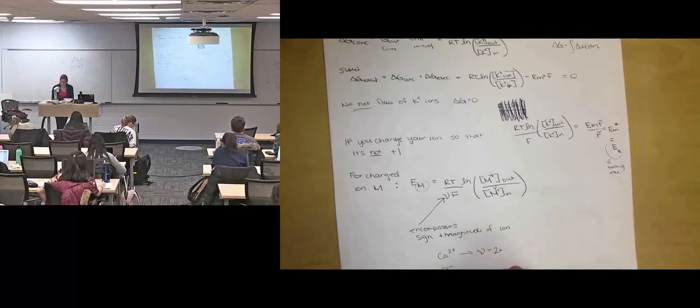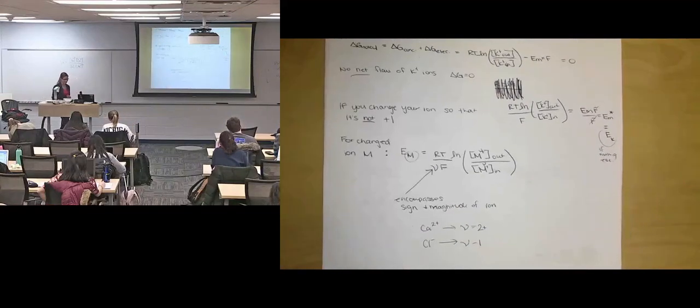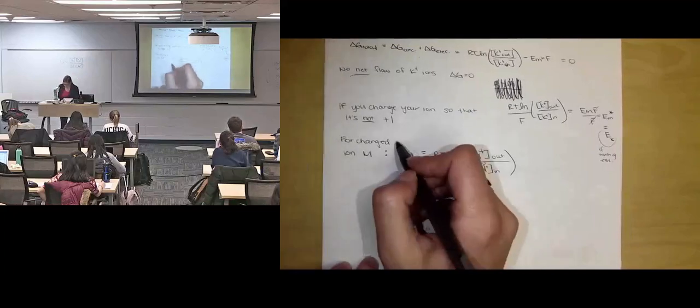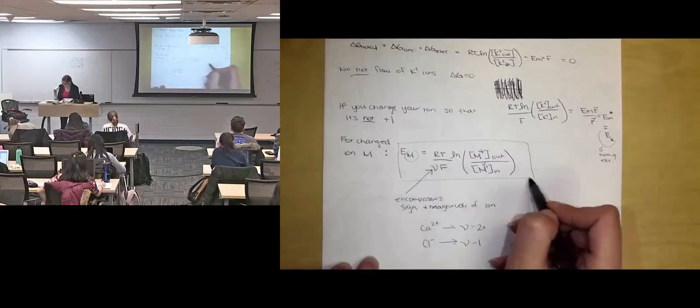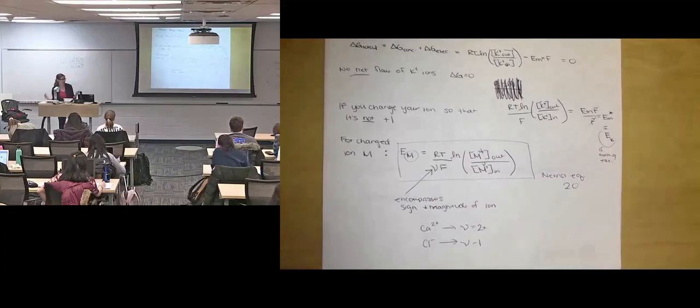If we're talking about chloride ions, this is -1 now. And this is what your book calls the Nernst equation, like 2.0, for a neuron membrane.